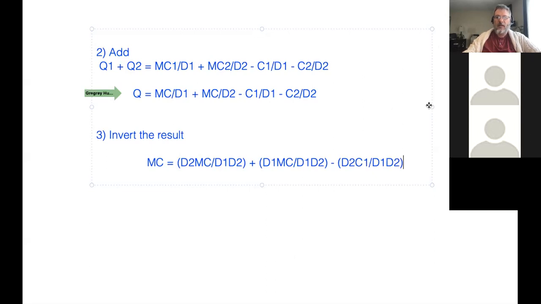And then I'll expand the window a little bit more. And then the last one is just d1 times c2 over d1 d2. Yeah. Okay. So now you have them over common denominators, right?